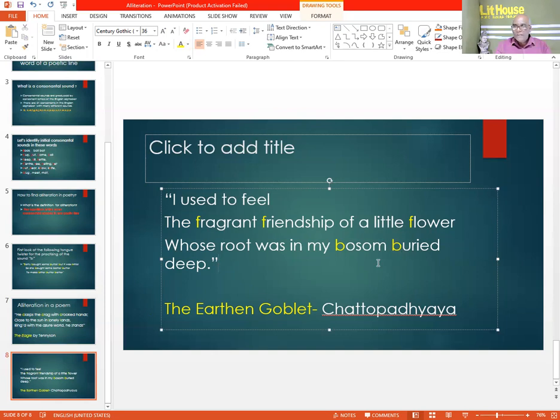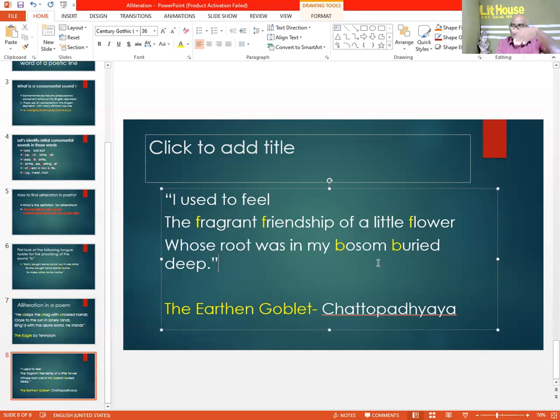Now, this is how we find alliteration in poetry. Very easy. The first thing you have to do is to be familiar with the consonants and the sounds produced by them. We must pay attention to these sounds. Understanding and analyzing alliteration is as easy as understanding rhyming.